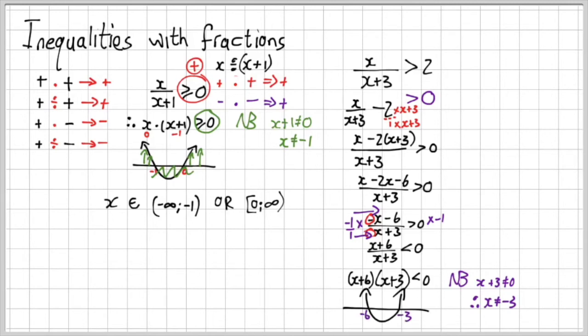So if I want smaller than 0, I close off the bigger than 0. And this leads me towards saying that is my final place. So in other words, x is between negative 6 and negative 3. And neither of them are included because I don't say equal to 0. Round bracket. Woo! Easy and simple and straightforward.